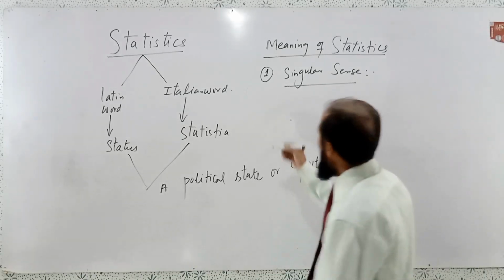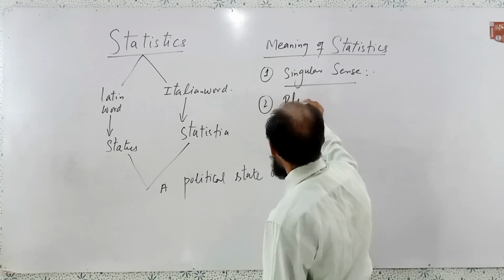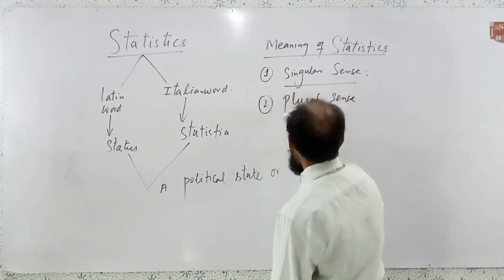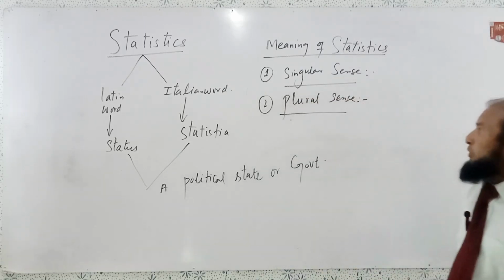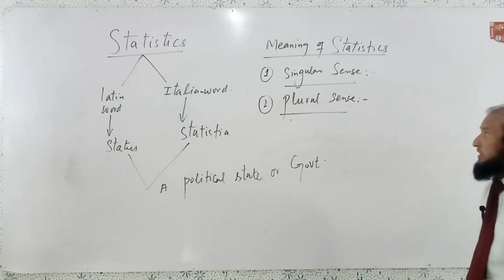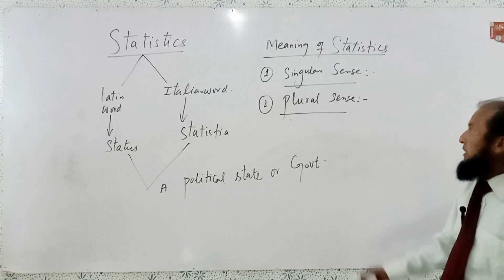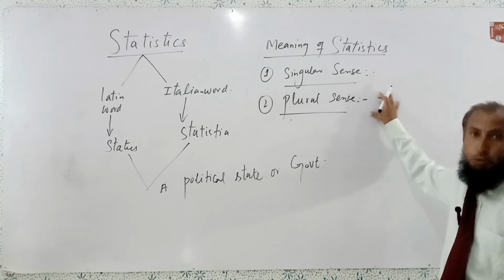Now we are discussing the second point, the plural sense. In this method, statistics refers to the aggregate of facts, expressed in numerical form and used for some specific purpose.